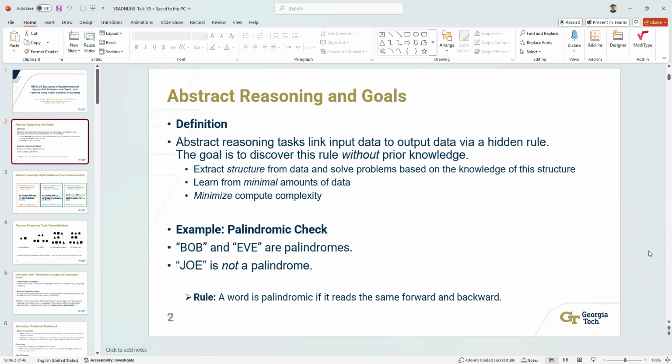But the rule for a palindrome is not known to the AI system. The learner does not know that I'm looking for a palindrome. For example, Joe is not a palindrome. A palindrome is a word that reads the same forward and backward, right? If I give the system enough examples of palindromes, can it recognize palindromes from arbitrary data? The goal is to do this while minimizing the amount of training data that I need. Next slide.